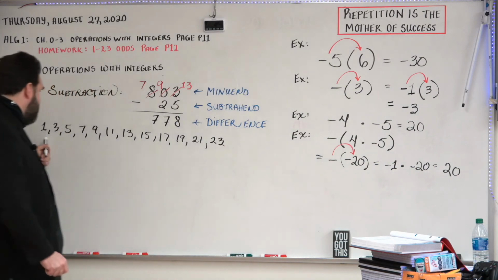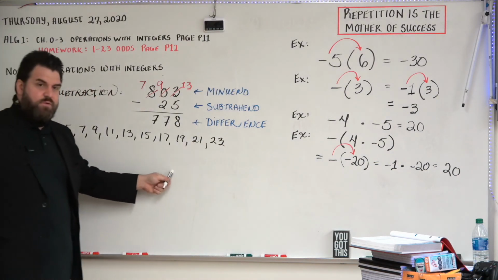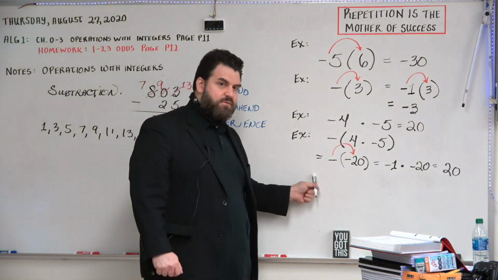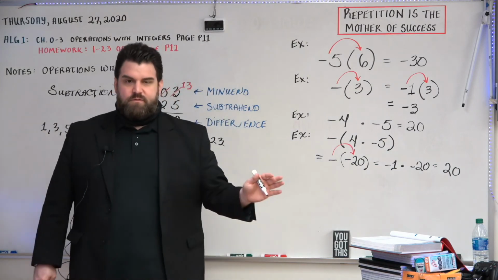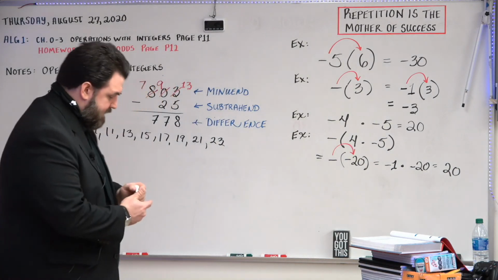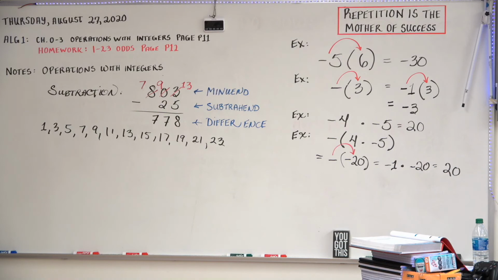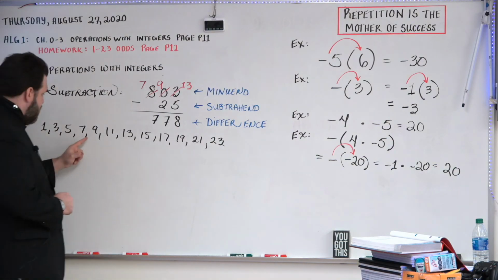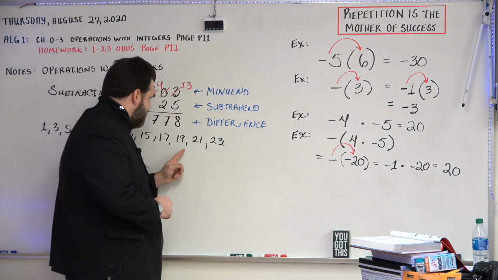And the evens would be 2, 4, 6, 8, 10, 12, 14, 16, 18, 20, 22. Don't do those. Unless you want to. Yeah, you can just stick with the odds. Let's see how many there are. 1, 2, 3, 4, 5, 6, 7, 8, 9, 10, 11, 12.